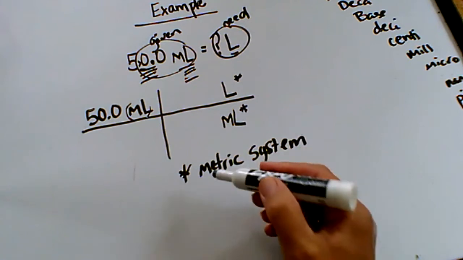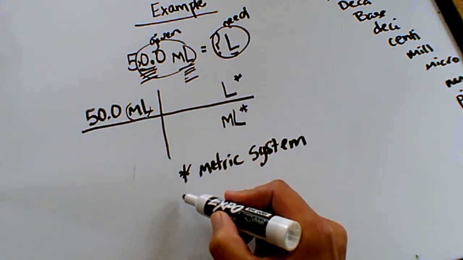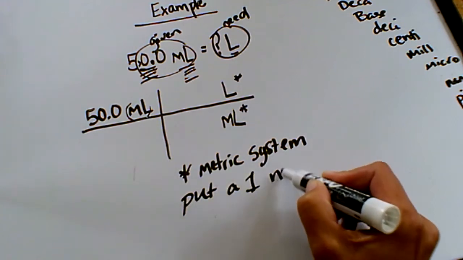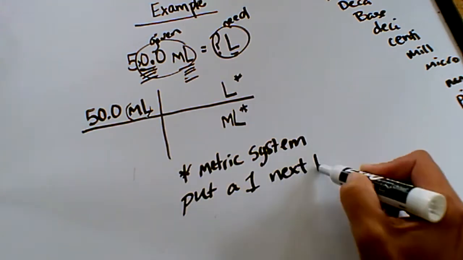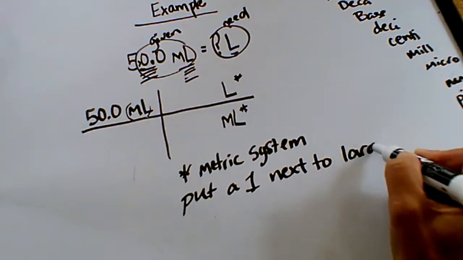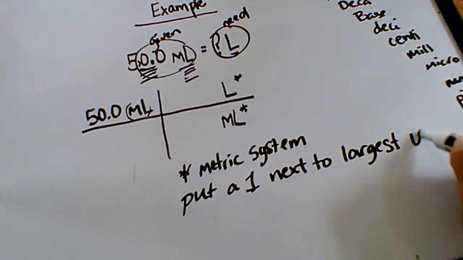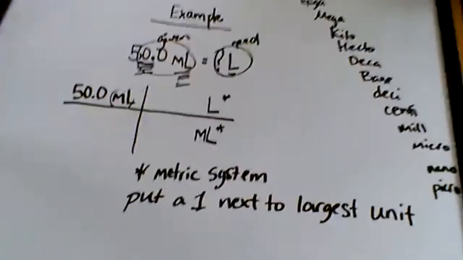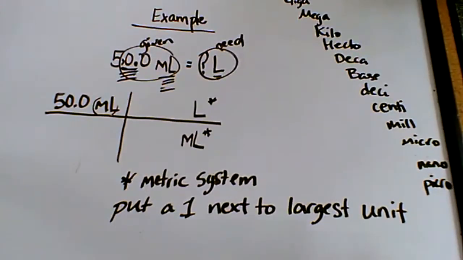Okay, so what we're going to do next is put a 1 next to the largest unit. This is not the only way to do it, but it is a way. And as a teacher, I have to give you a way. I can give you another way, but I have to give you a way.